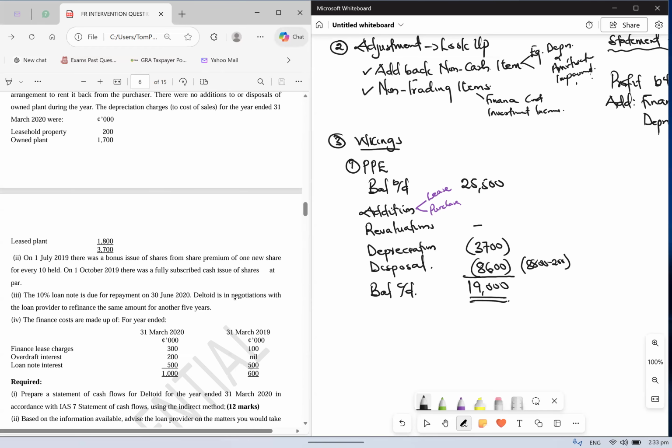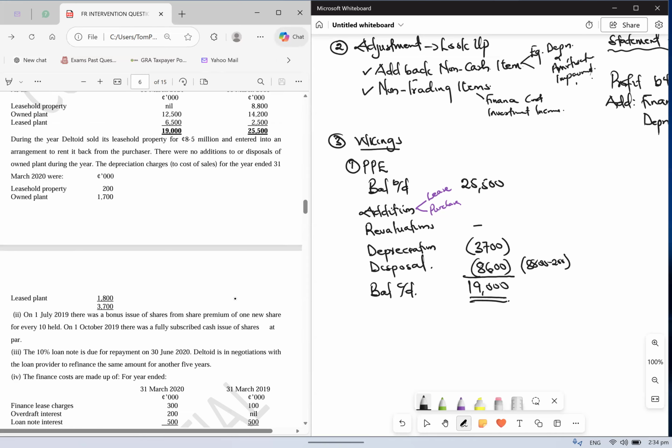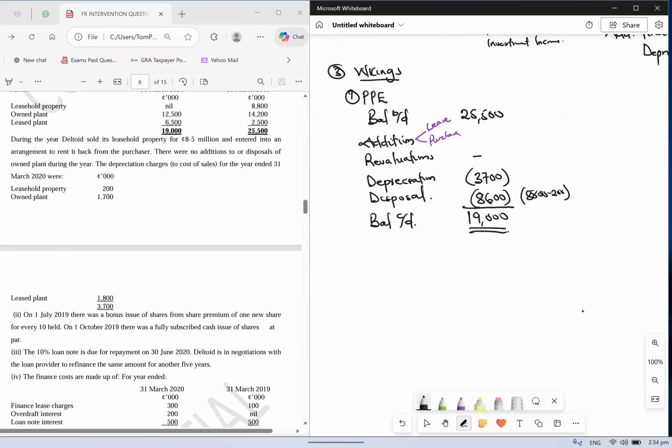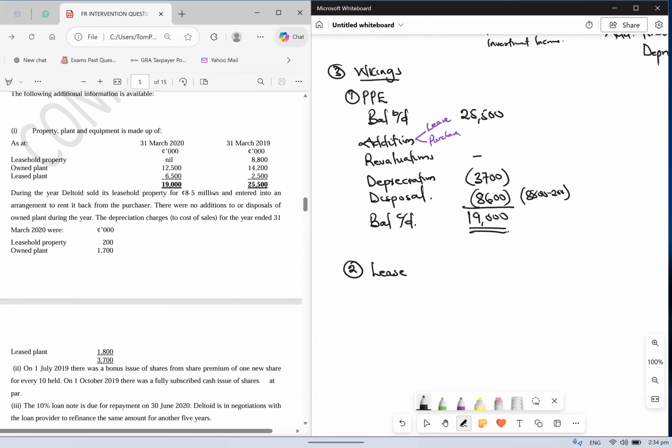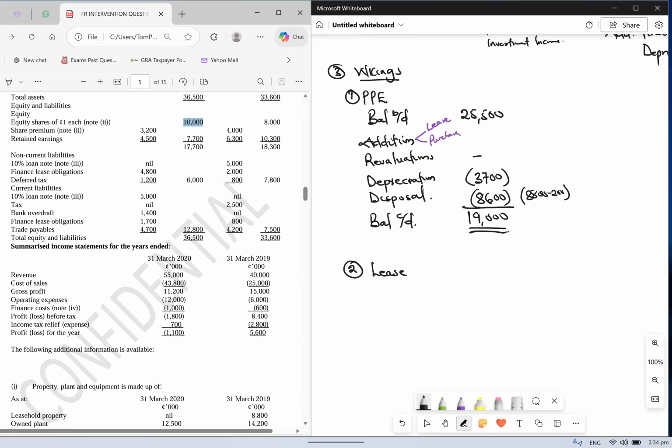And is the difference a purchase or a lease? Because if it is a lease, our workings too will be a lease. And I think this question, there is a lease, right? Finance lease obligation, yeah. So what is the difference?